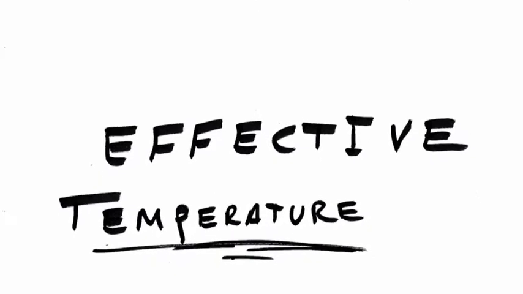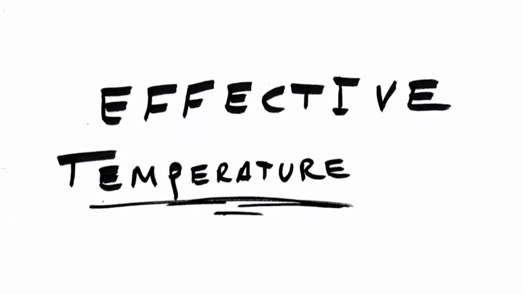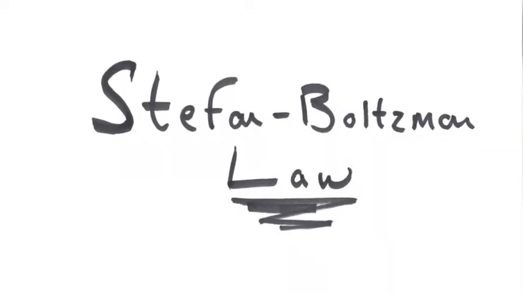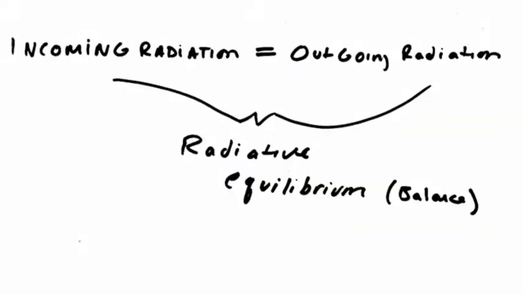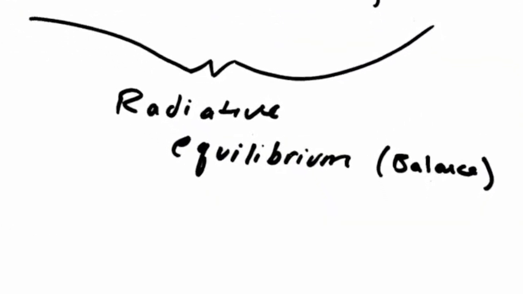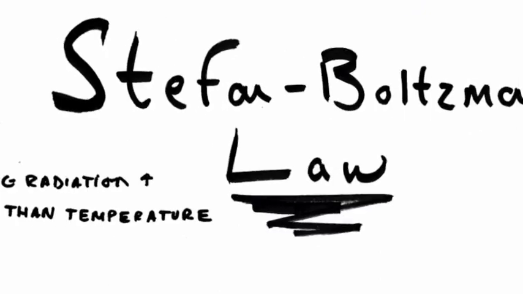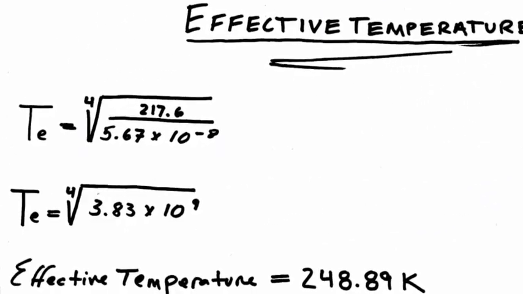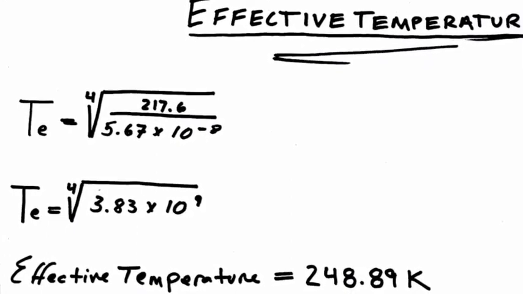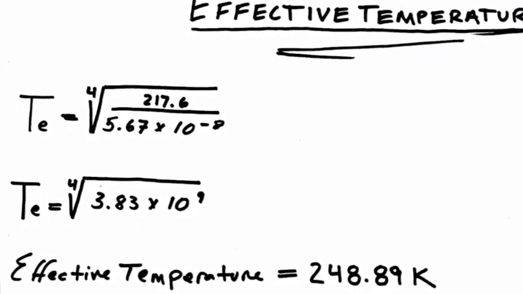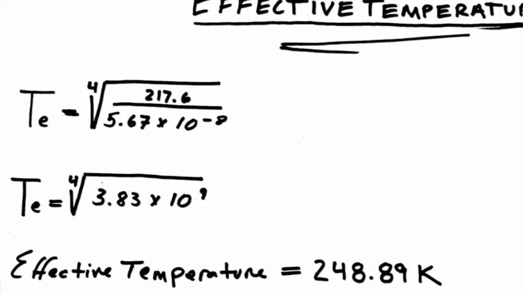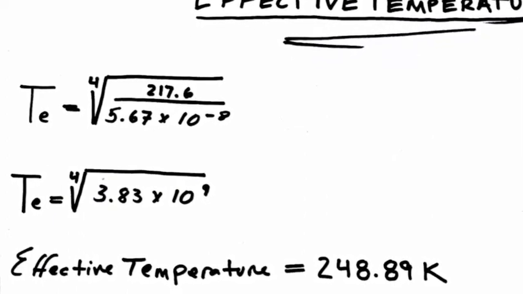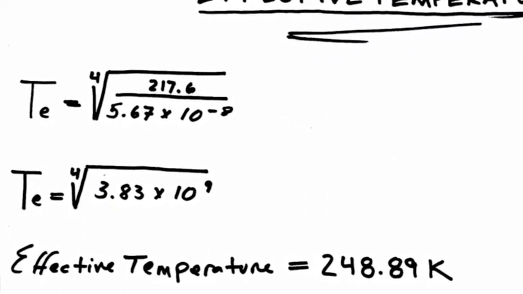To calculate the effective temperature, we need to use the Stefan-Boltzmann law, which says that the emitted radiation is equal to a constant times the effective radiating temperature raised to the fourth power. To solve this equation, all we need to do is divide the emitted radiation, 217.6 watts per square meter, by the constant 5.67 times 10 to the negative 8th power, and take a fourth root of the result.